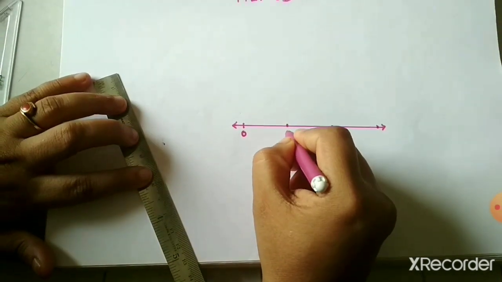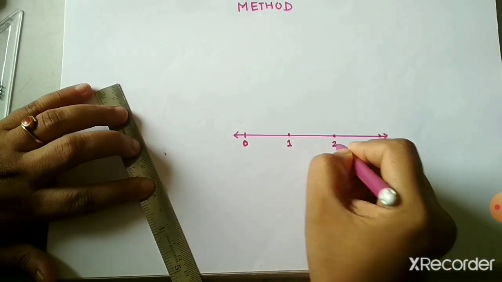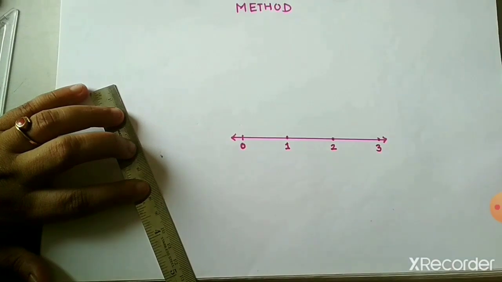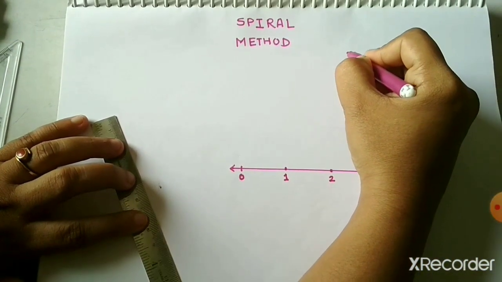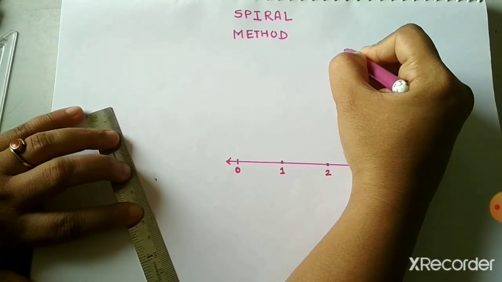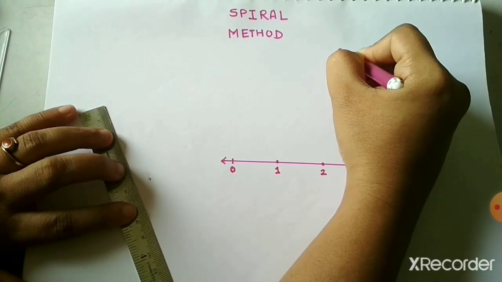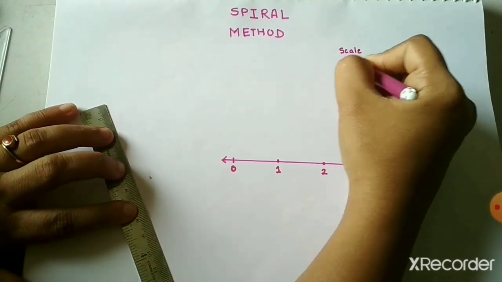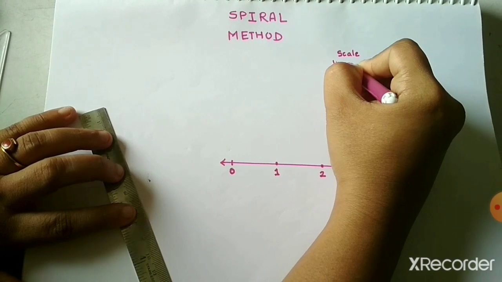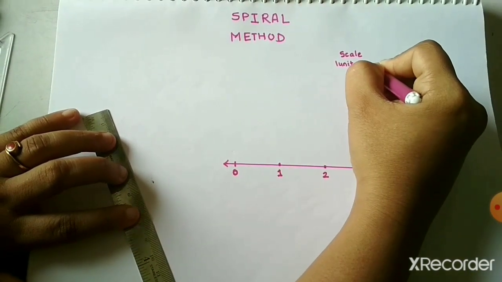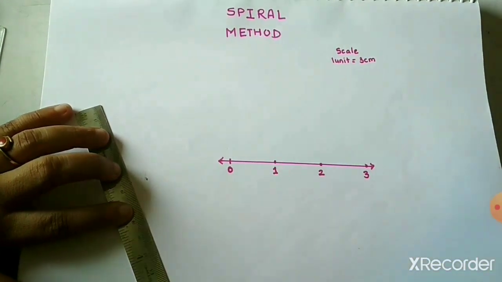So I will mark it here as 1, 2 and 3. Do you remember what we have to write in the right hand side corner? We will write the scale over here. What is the scale? We have considered 1 unit distance as nothing but 3 centimeter.